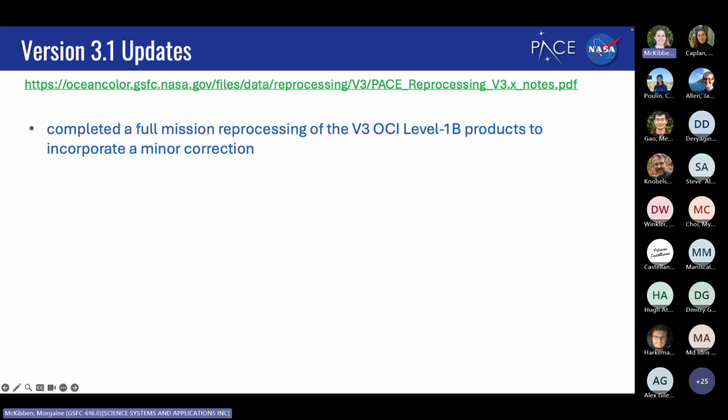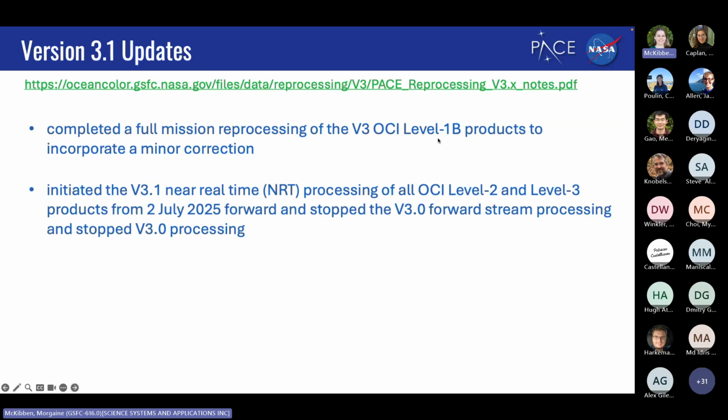And from there, let's dive right into the main mission update, which is our version 3.1 processing. So you would have received an email about this as well to the PACE community. Basically, the PACE science data segment has started the version 3.1 processing for all OCI products, including completing a full mission reprocessing of level 1B products to incorporate a minor correction.